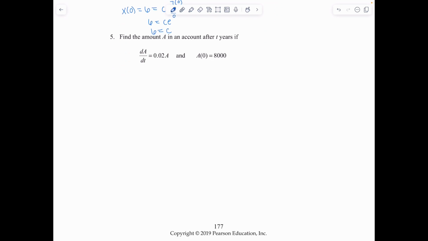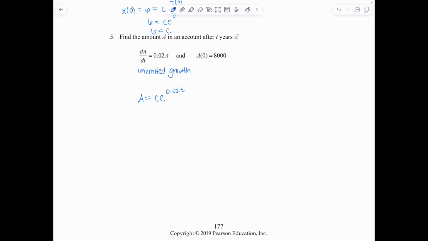Okay, find the amount A in the account after t years if dA/dt = 0.02A and A(0) = 8,000. So this one is our unlimited growth, and we're also given our initial amount. So we'll have A = c e^(0.02t).